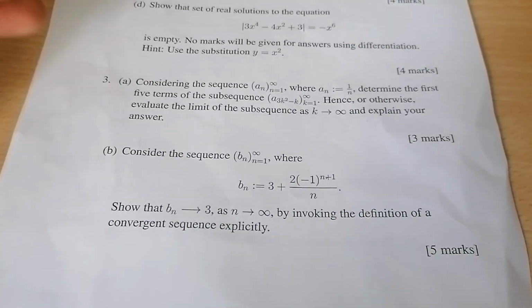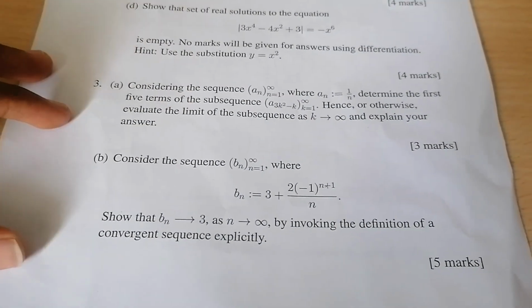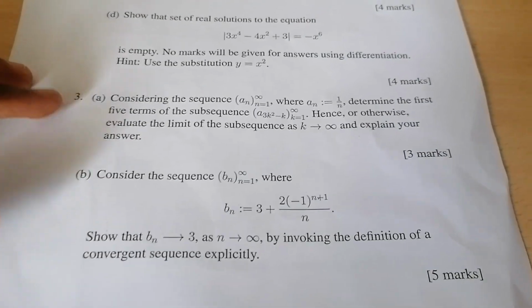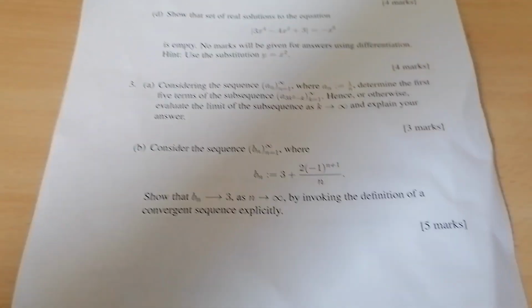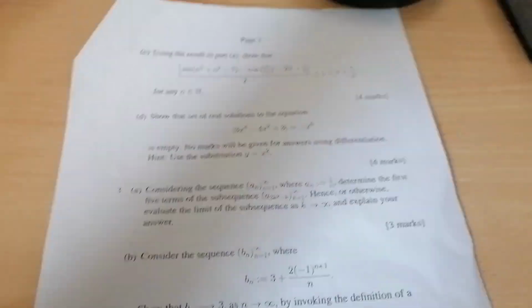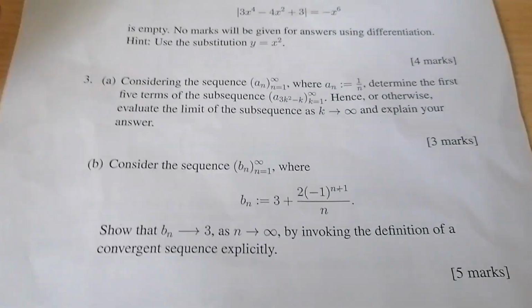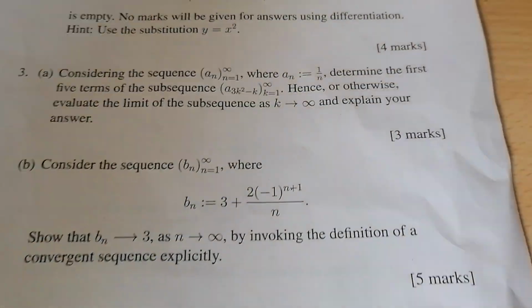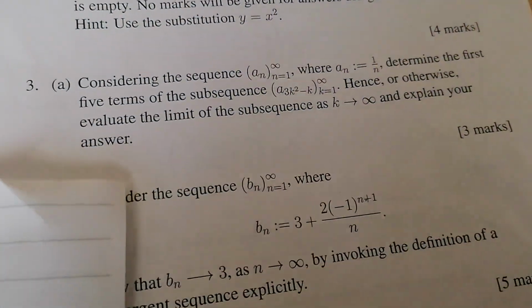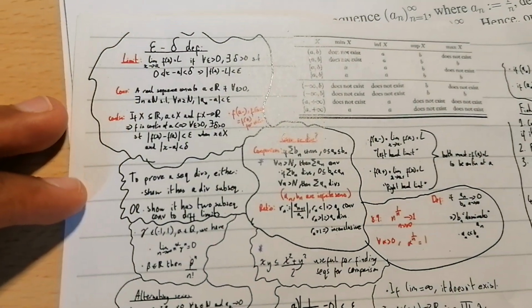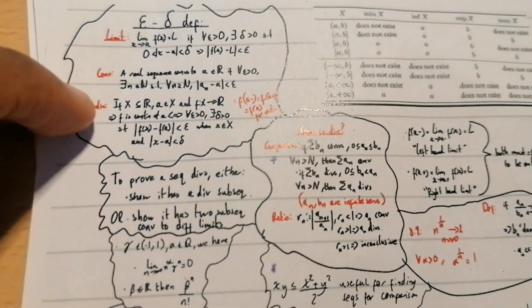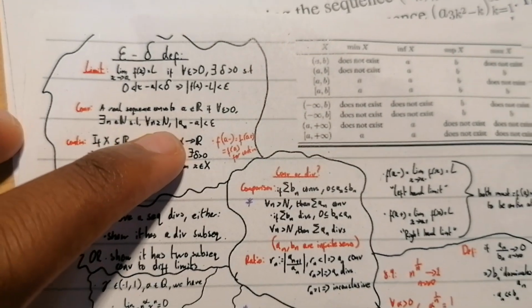Okay, here, consider the sequence Bn, where Bn equals that. So Bn tends to 3. For this question, I used the epsilon definition of convergence. Here it is.